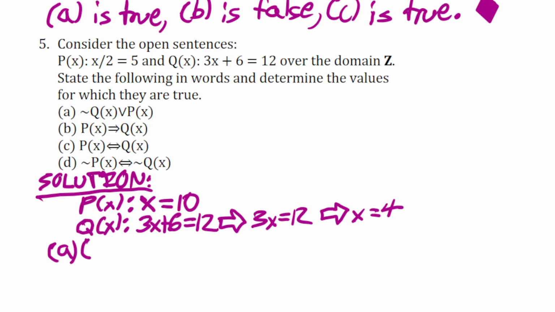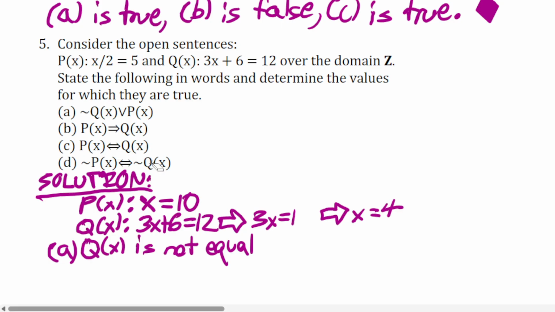So let's write this out in words. Q of x is not equal, sorry, I made a mistake here. It's supposed to be 2.